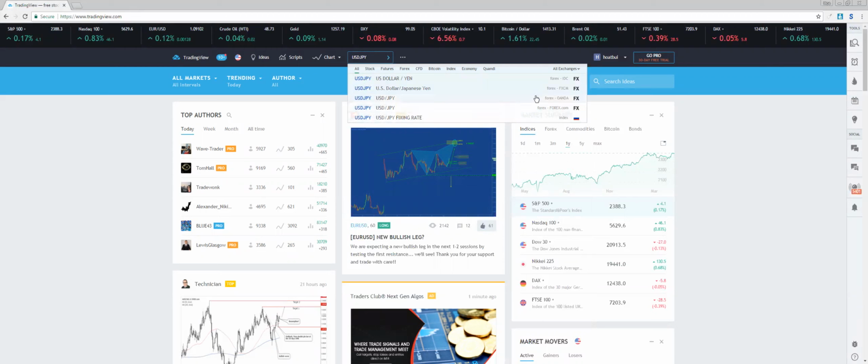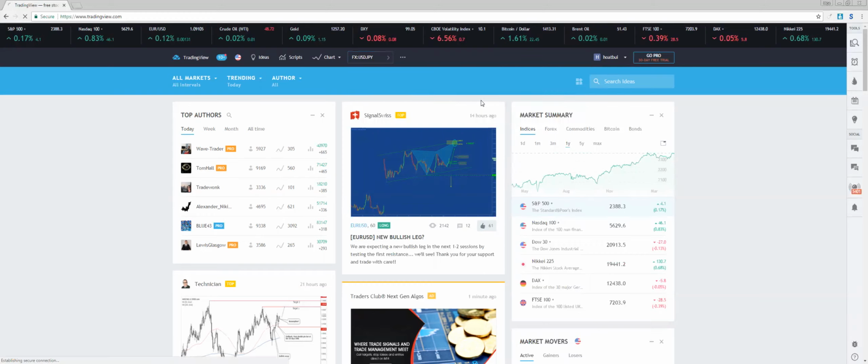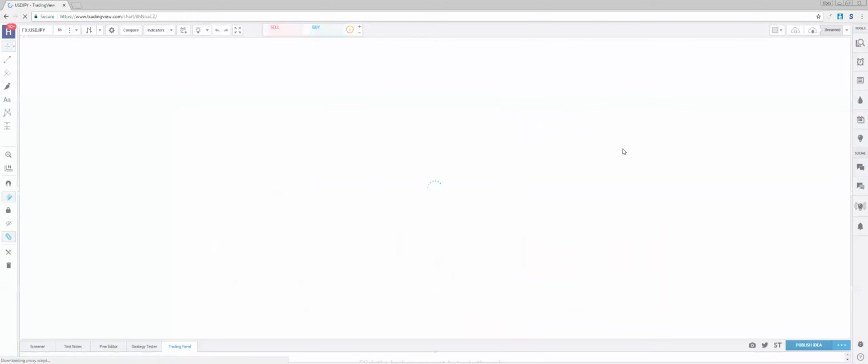Don't be alarmed. The reason there are so many is because there are different forex brokers that show the price. Is there a difference? Not really. Between different brokers there might be a slight change in the price, but primarily they're all the same. So you just click on any one of these. I'll click on the second one. Just let it load.